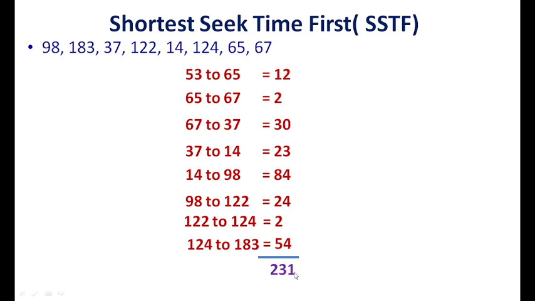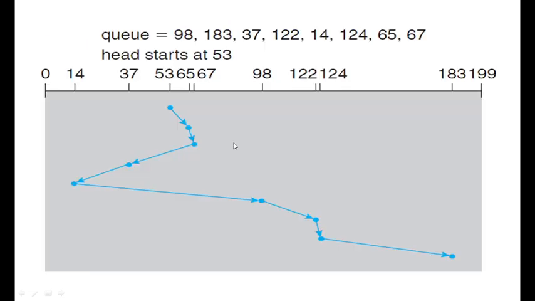In this case it is 231. Remember that we got 640 in the FIFO algorithm, so this must be very low. This improvement happened because of this logic. And once again the graph is indicating the same order.